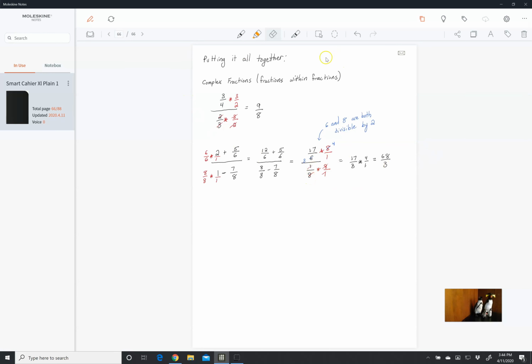Okay, so let's just review what we did here. I will put this in blue. So the first thing that we did is we found a common denominator for the numerator. And we found a common denominator for the denominator. So we did this separately.